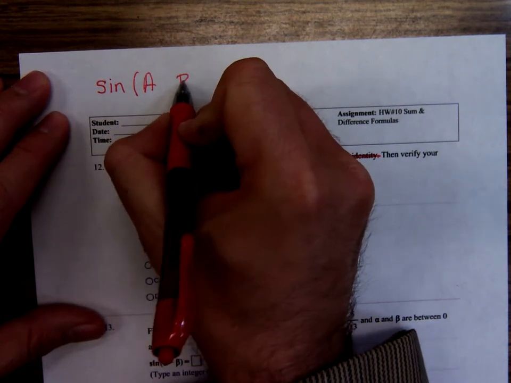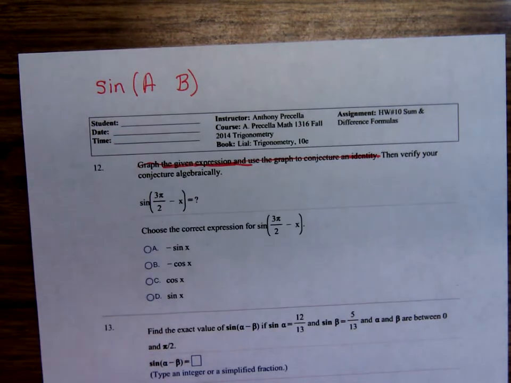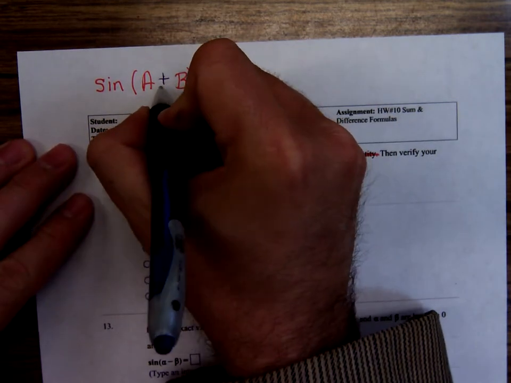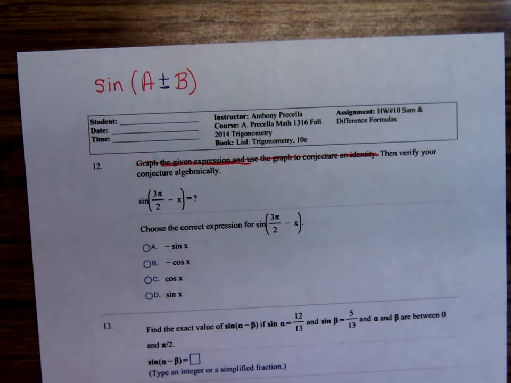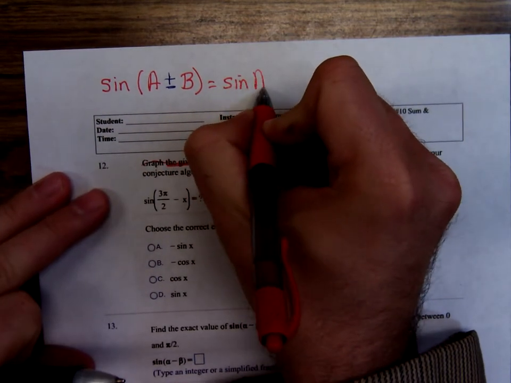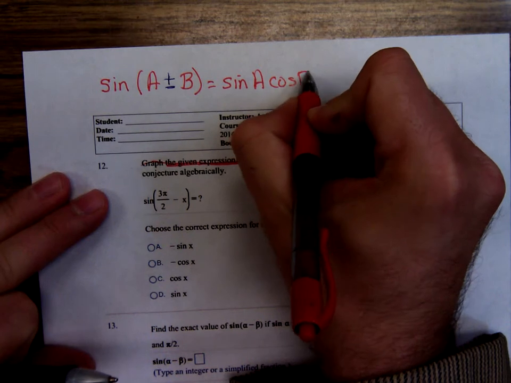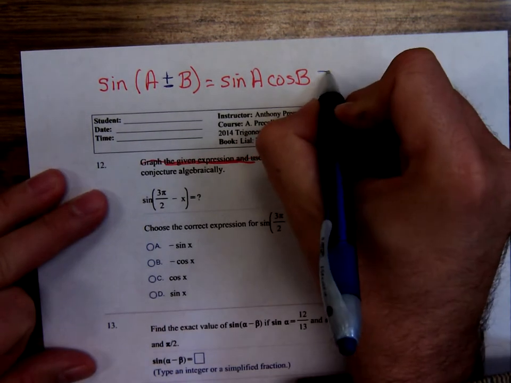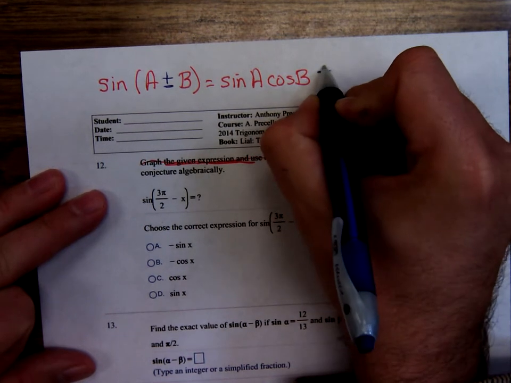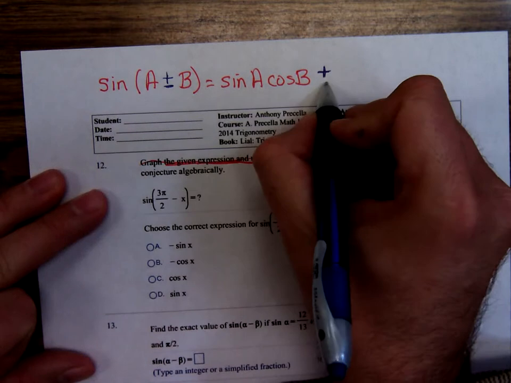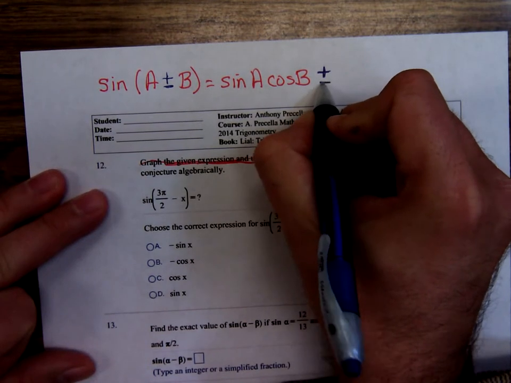Sine, let's write this as just one identity. Sine of A plus or minus B is sine, cosine, then the same symbol, so the top plus stays a plus, the top minus stays a minus.